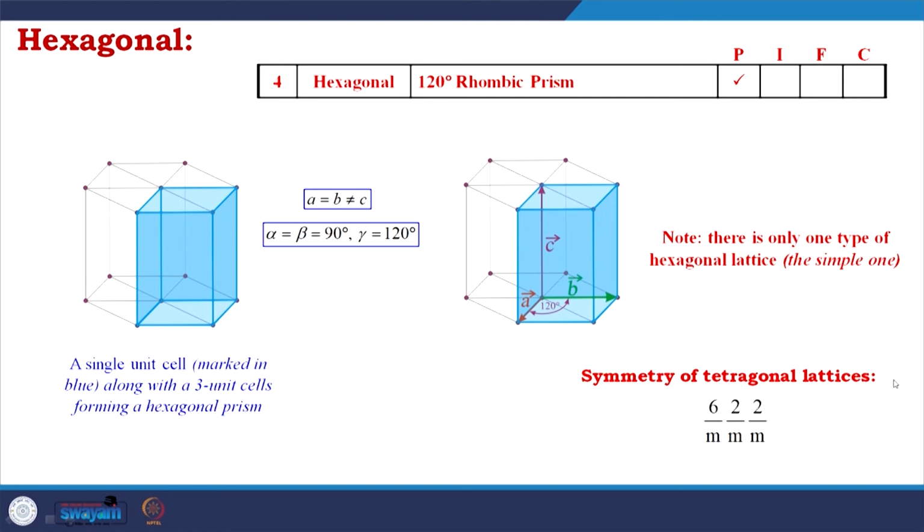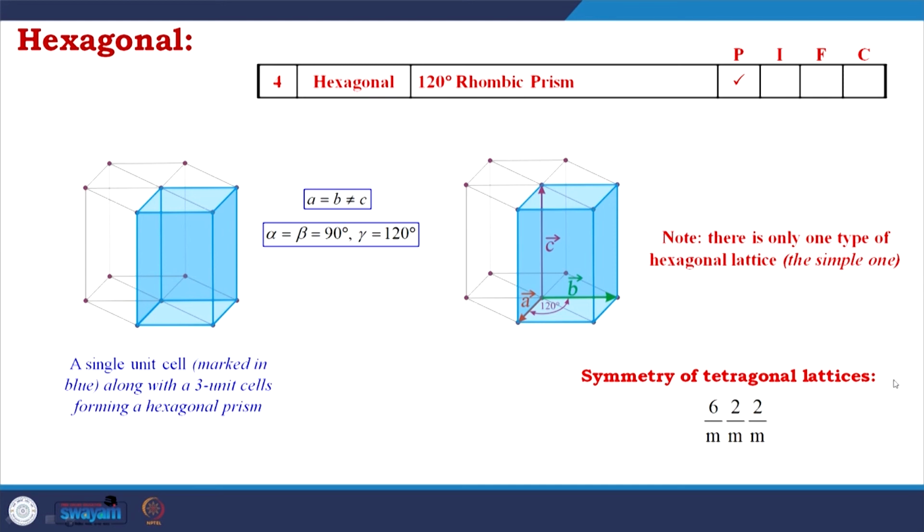A equal to B not equal to C, angles alpha equal to beta equal to 90 degrees, gamma equal to 120 degrees. As I told, there is only one type of hexagonal lattice, the simple, primitive one. A single unit cell is marked in blue, along with 3 unit cells forming a hexagonal prism, as you can see.